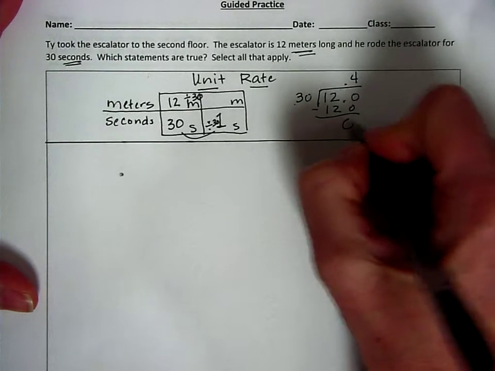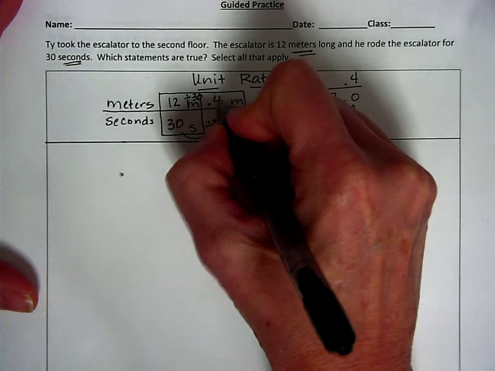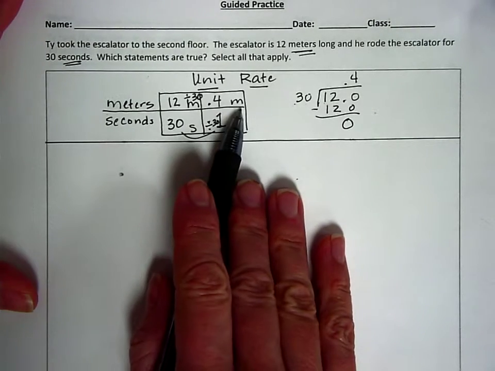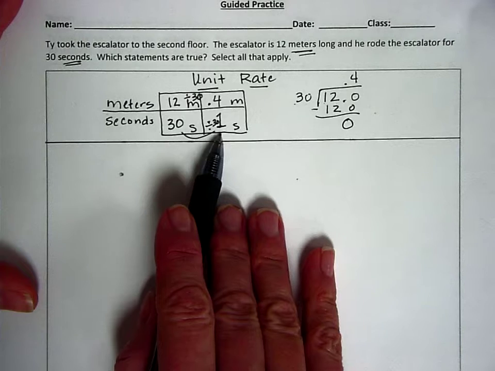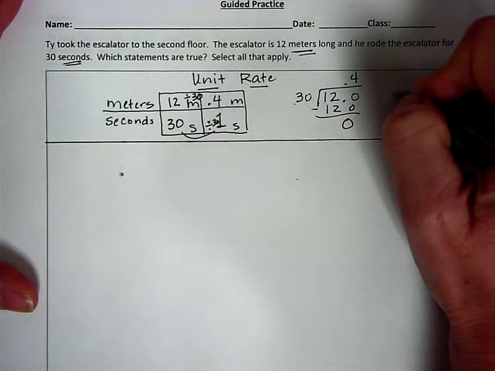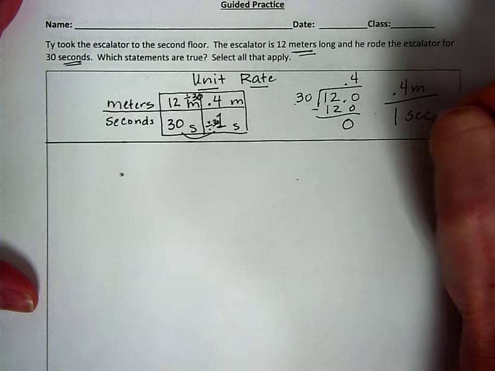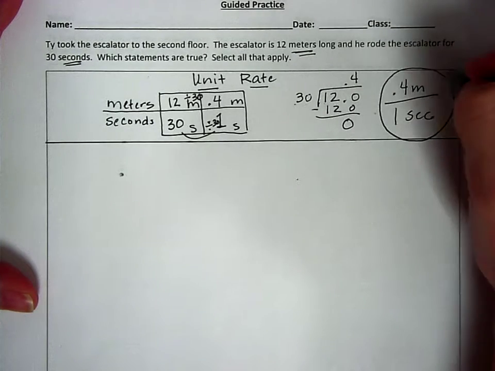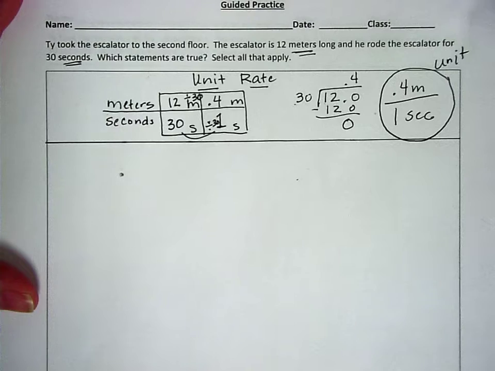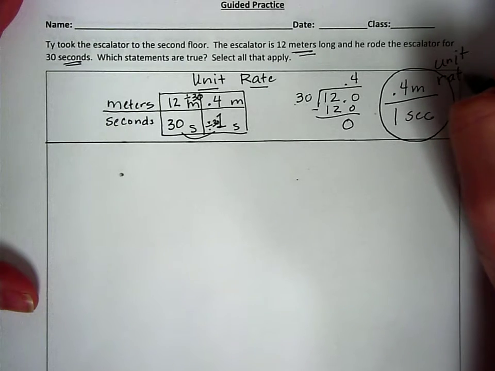Exactly. So 0.4 meters in 1 second. Now, that 0.4 meters in 1 second is the unit rate. And that is what we're going to use to solve the rest of these.